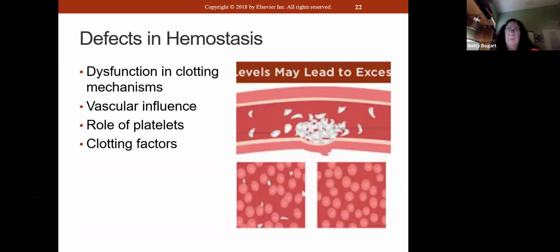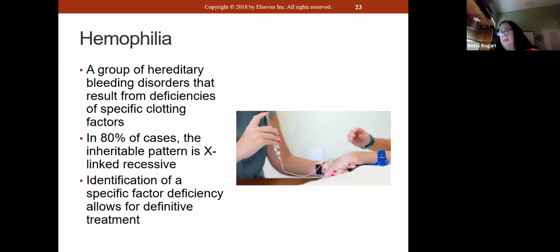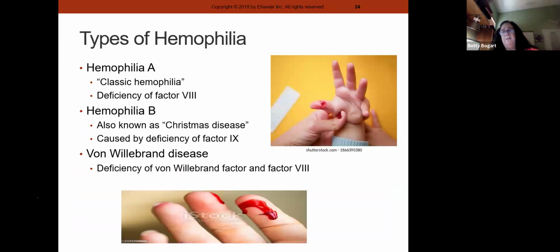Now, blood clotting, hemophilia: a child who gets cut and bleeds and it doesn't stop. It is X-linked recessive. Mommy gives the baby, the child, hemophilia. These are the three types of hemophilia.